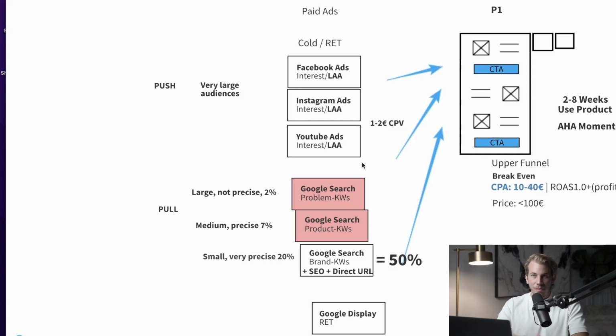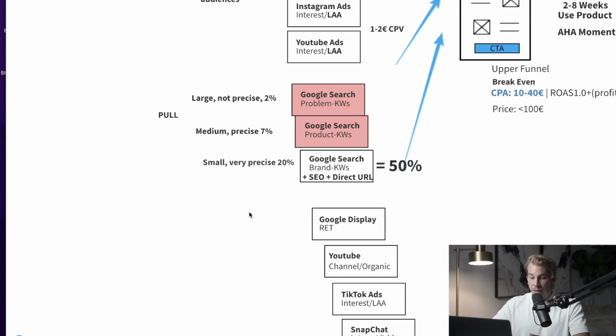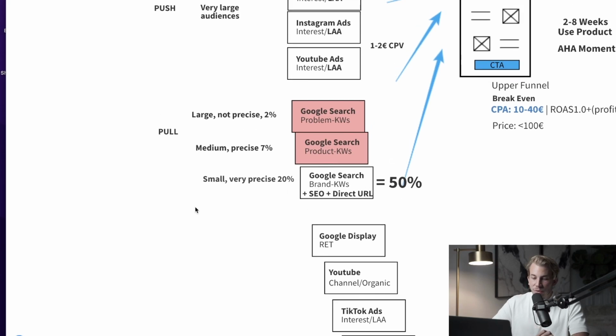For example, it will help more people come to your website later via Google search or brand keyword, and you're basically generating other traffic channels, other traffic sources with it.